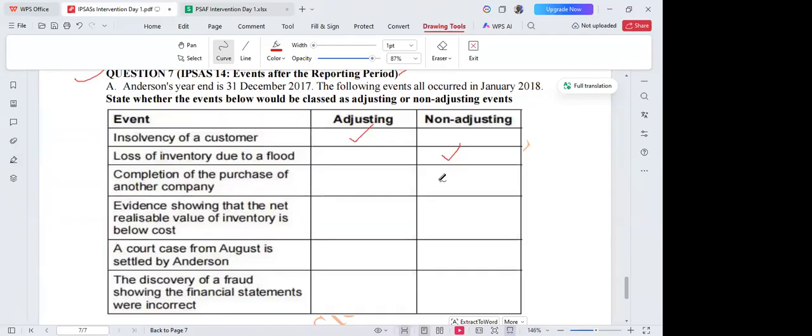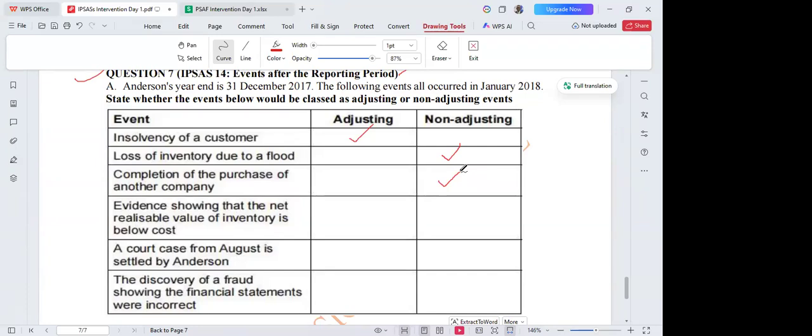Okay, so it's non-adjusting. The reason being that the acquisition occurred after the reporting date. Those who are doing FR, you only start consolidating on the day you acquire the firm. So this one is a non-adjusting transaction.